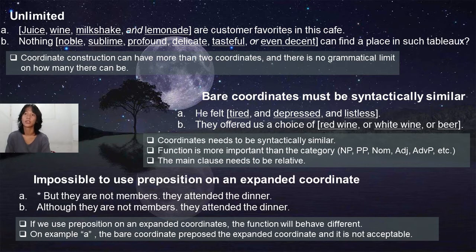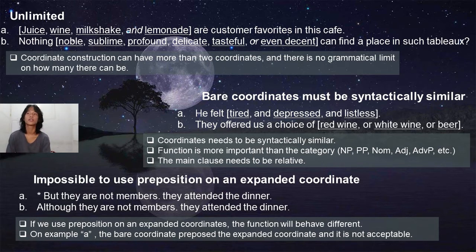But if we want to use but in a sentence for coordination, we can correct it to they attended the dinner, but they are not members. And it is correct grammatically. So if we use but in the first place as a preposition, we cannot do that. The function will be different and the meaning will also be different.